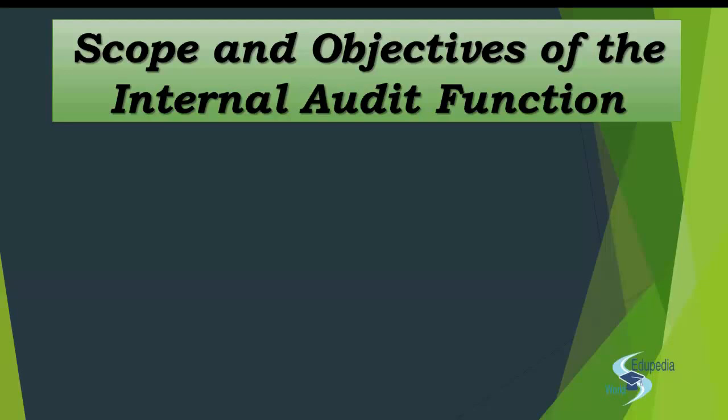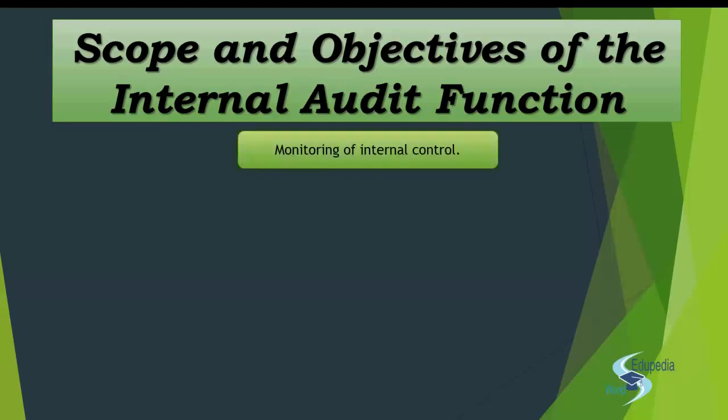Now, we'll see what are the scope and objective of the internal audit function. So the first consideration in scope and objective of the internal audit function is the monitoring of the internal control. Yes, we are talking about the internal control established by the management, right? But before moving on to that, you need to understand something.